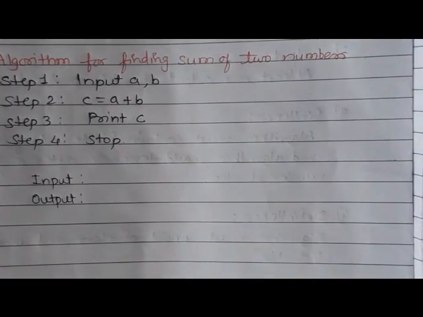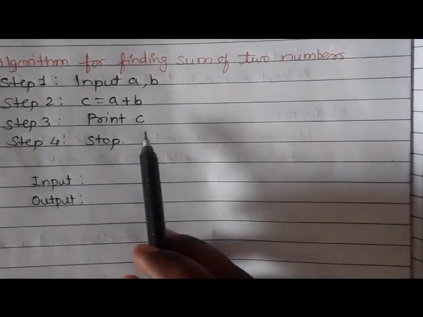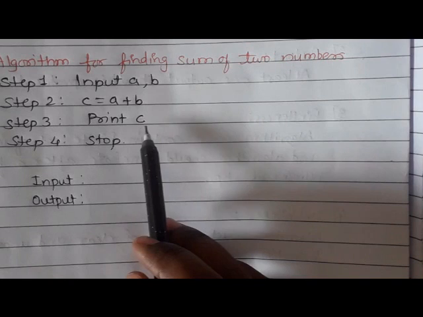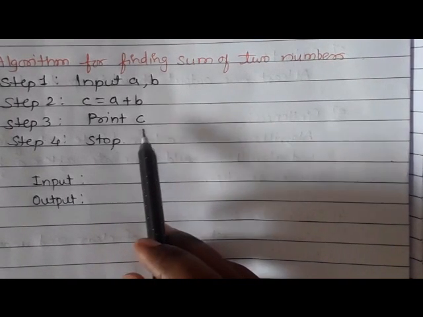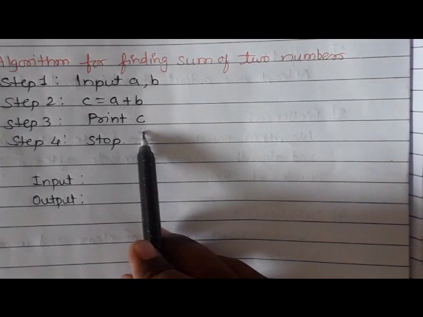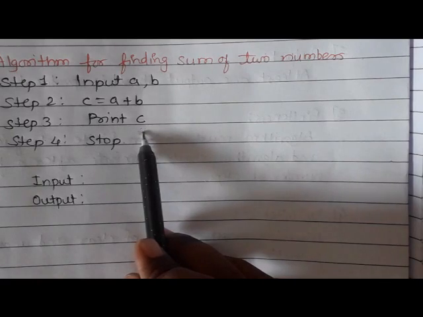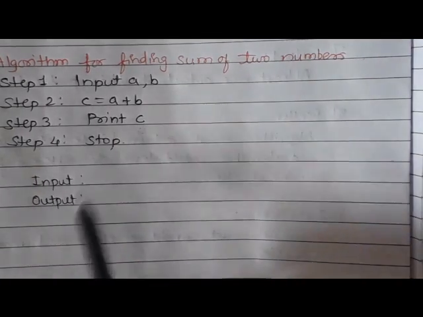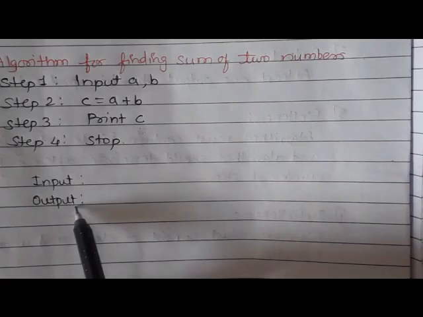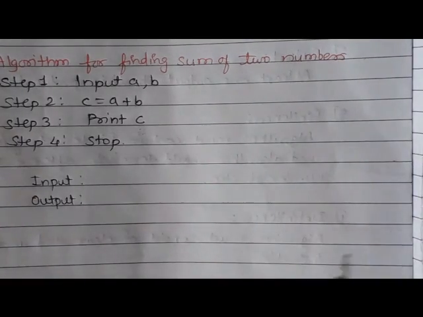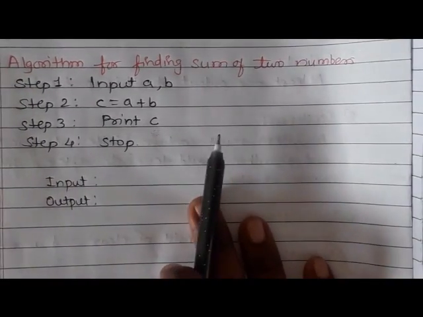This algorithm finally produces the sum of the two numbers, which is present in variable C, and the value of C is printed. So input and output are the two characteristics satisfied by this algorithm.